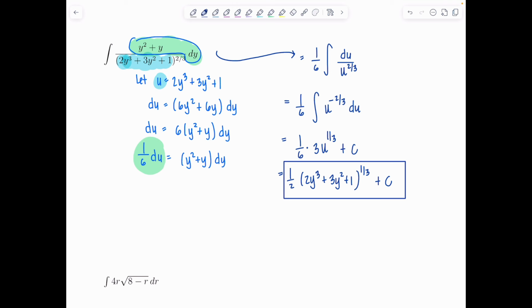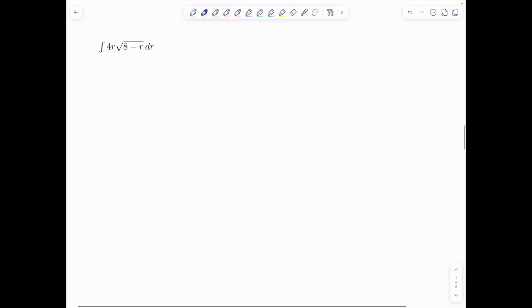I have just a few more. And then, of course, we're going to do a little econ application. Here we have the integral of 4r times the square root of 8 minus r dr. So this is a famous kind of problem where you have the sum or difference of a couple terms underneath the radical, and outside is just one term.